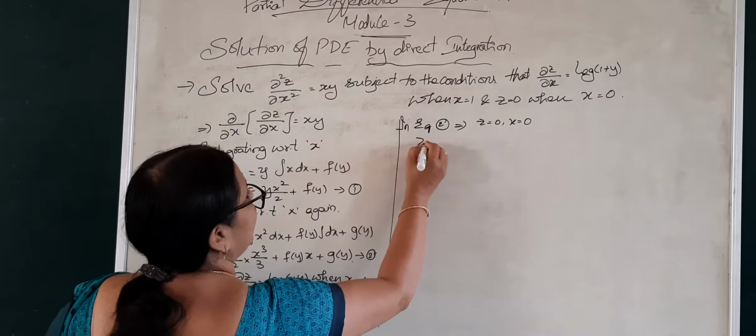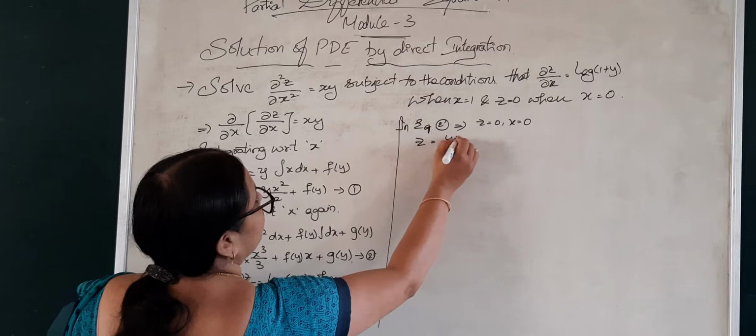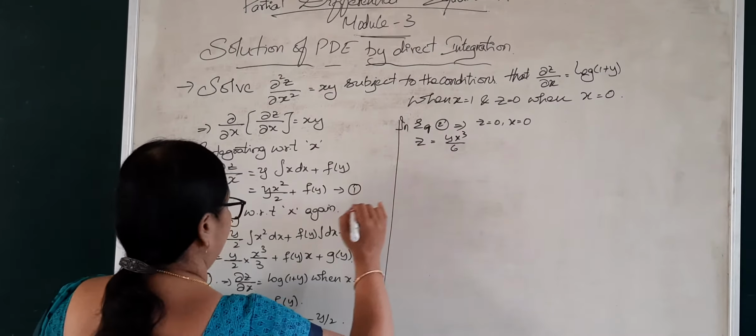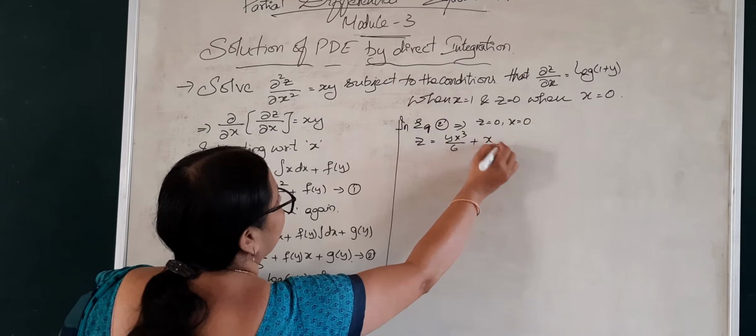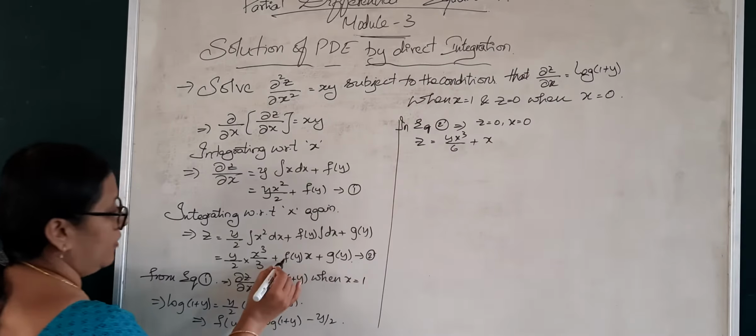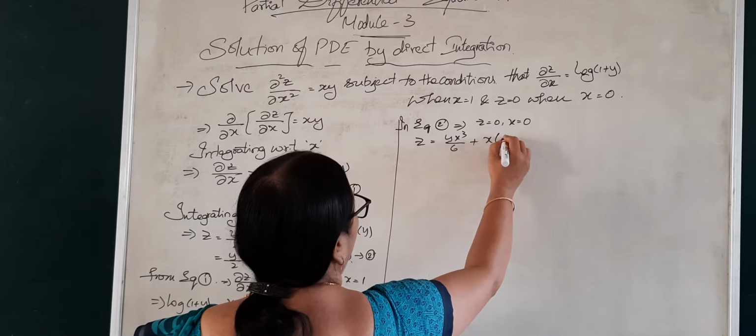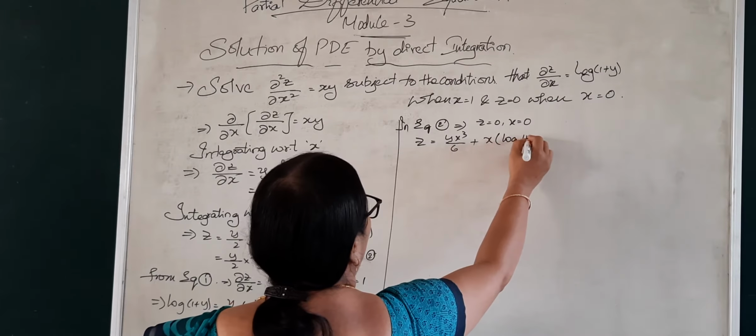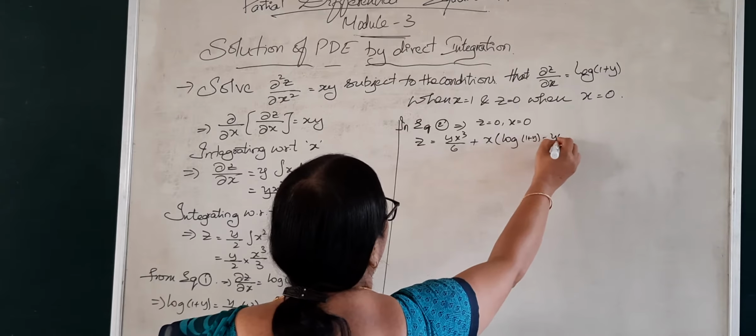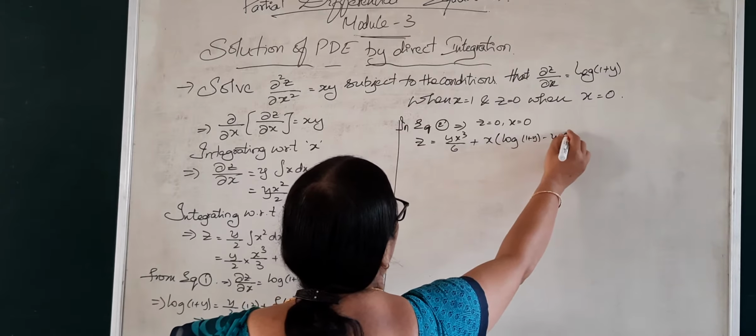So we get z equal to yx³/6 plus x times f(y), which is replaced by this entire thing, log(1+y) minus y/2.